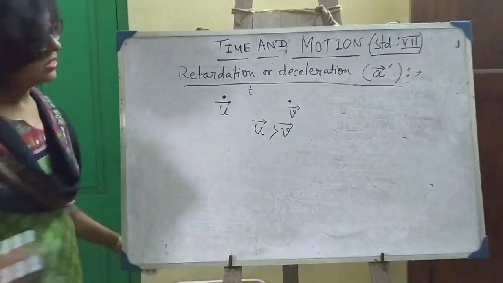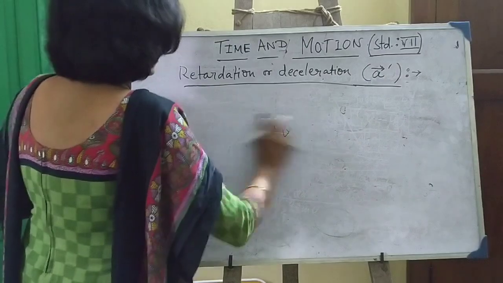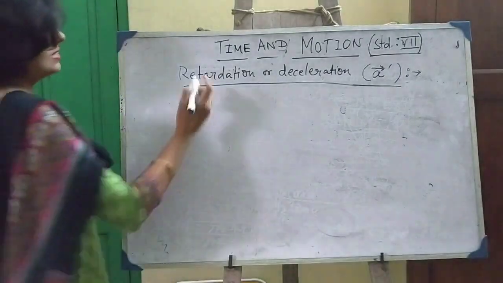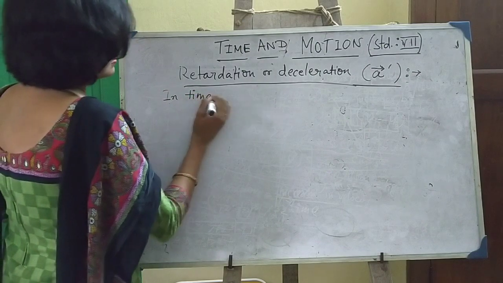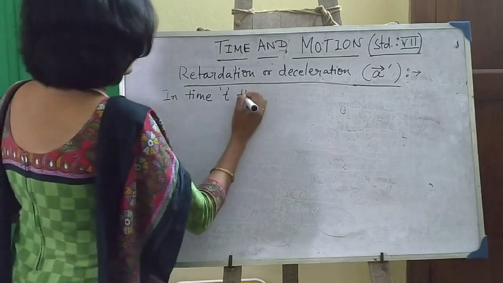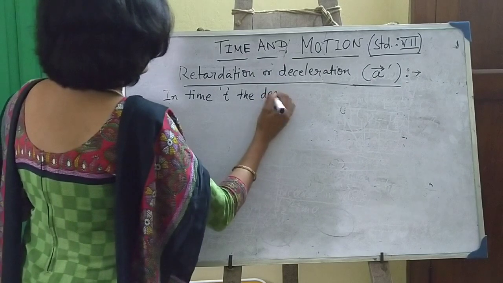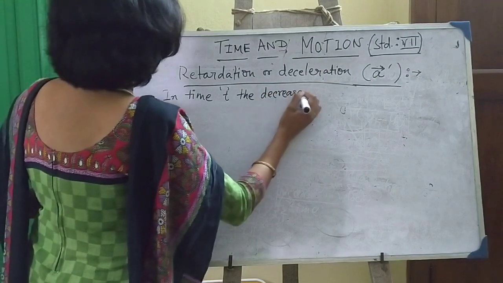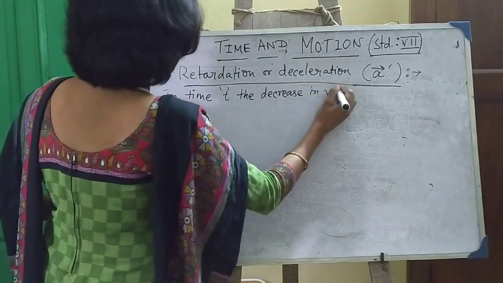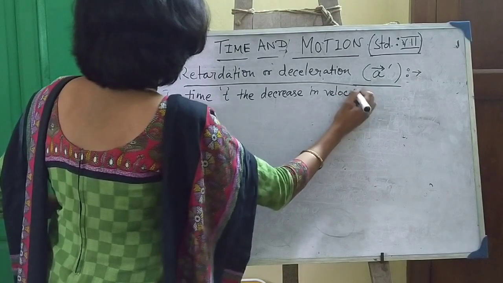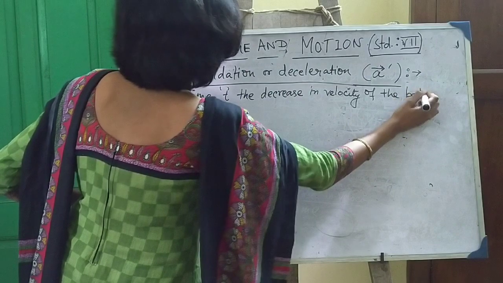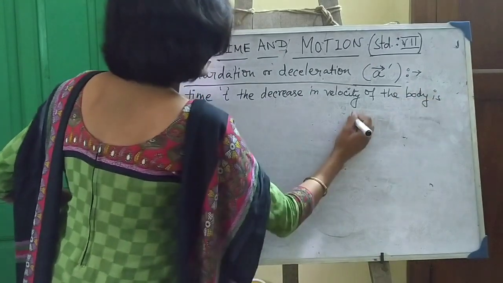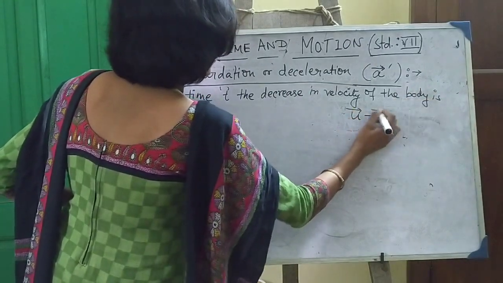So in words, let us write the sentence: in time t, the decrease in velocity of the body is u minus v.